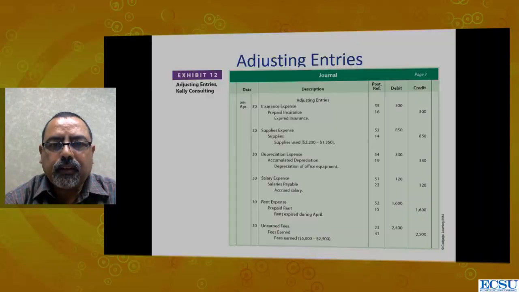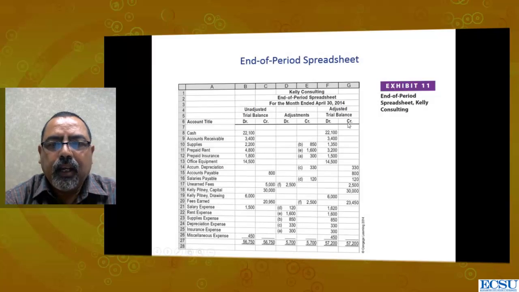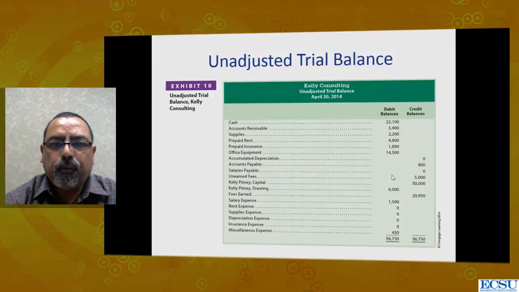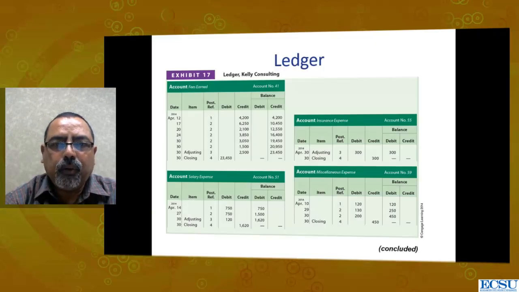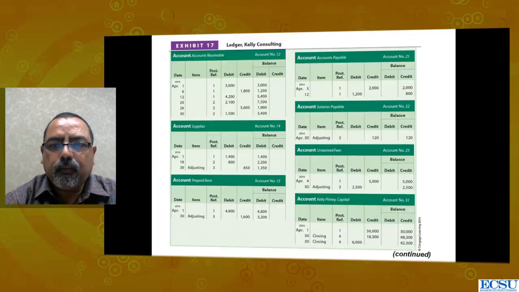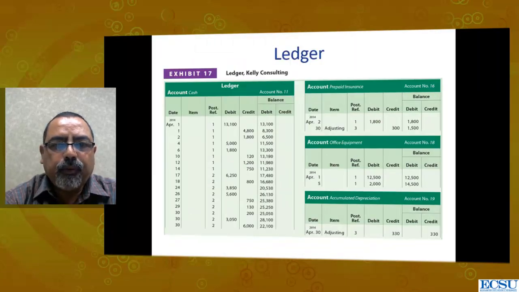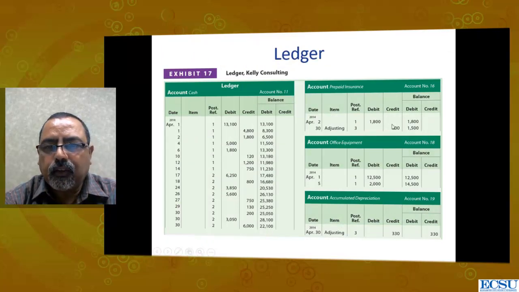To prepare the adjusted trial balance, there are two ways of doing it. Either you take this worksheet, where the adjusted trial balance columns have been included, just copy them and put them in a proper format. Or we can directly go into the ledgers and serially take the balances. So this is the balance for cash account, and this is the balance after adjustment in prepaid insurance, that is the balance in office equipment, this is the balance in the adjusted accumulated depreciation account.